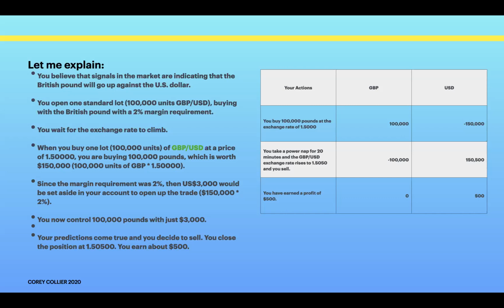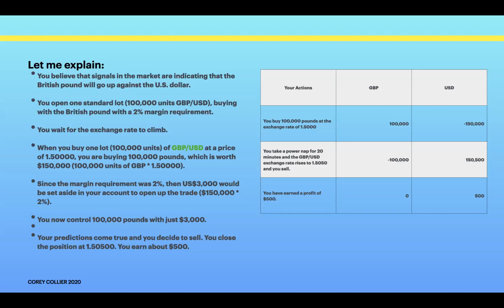Since the margin requirement was only 2%, then $3,000 would be set aside in your account to open up that trade, instead of $150,000 being required, because of leverage. All right, so now you control 100,000 pounds with just $3,000, guys.